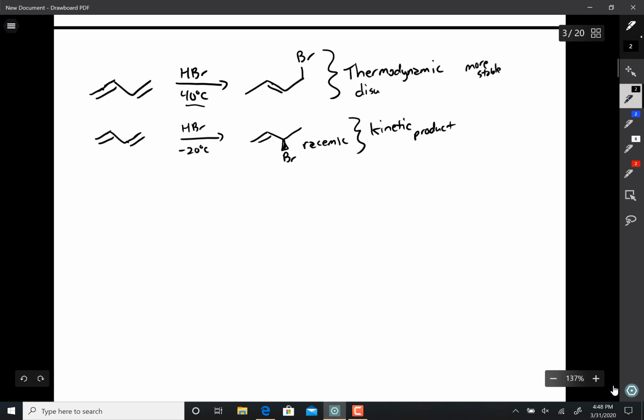That is a di-substituted alkene. This is a mono-substituted alkene. Di-substituted alkenes are more stable than mono-substituted alkenes, making that the more stable product, making that the thermodynamic product.